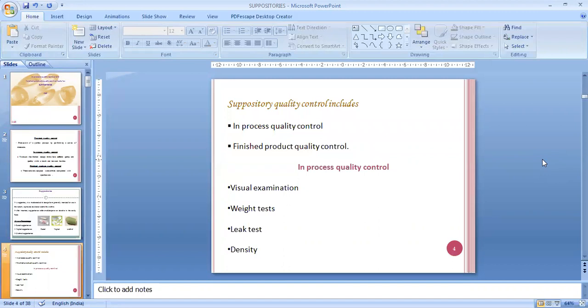Suppository quality control includes in-process quality control and finished product quality control. What are the in-process quality control tests? There are four tests: number one, visual examination, then weight test, leak test, and density.